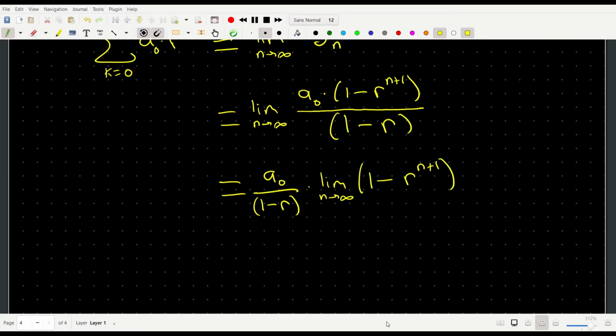Because if r is between -1 and 1, the limit as n goes to infinity of r to the n plus 1 is going to be 0. So this limit is going to be equal to 1, and the actual value of this infinite series is going to be a naught over 1 minus r. So this directly shows exactly what we want.